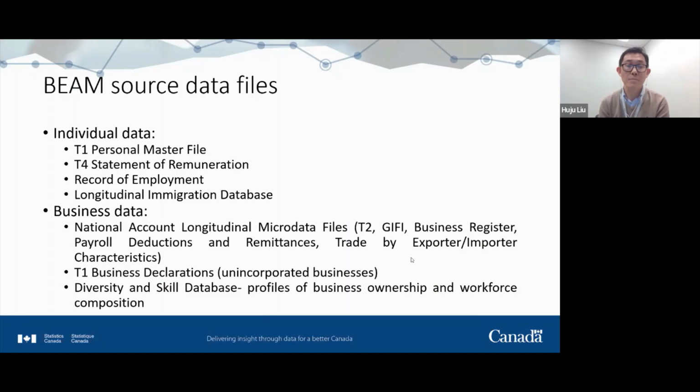For example, whether the business is owned by immigrants, women, or young people, and also the share of immigrant employees, female employees, and 20 to 25 years old employees within the firm, etc.